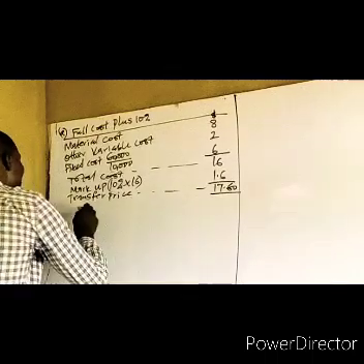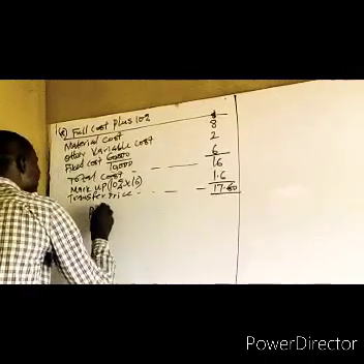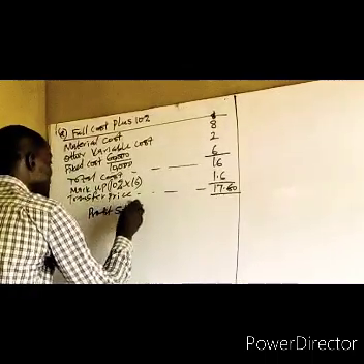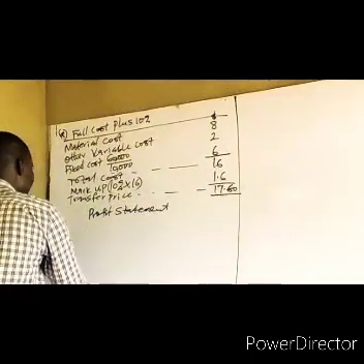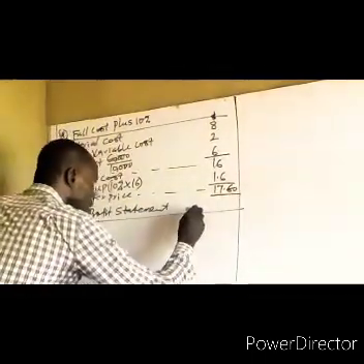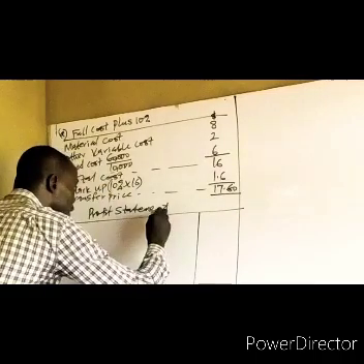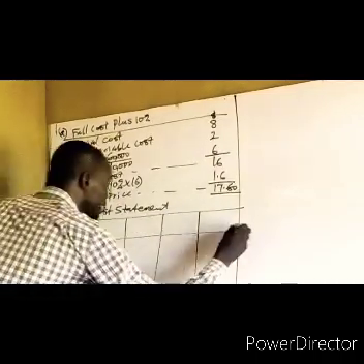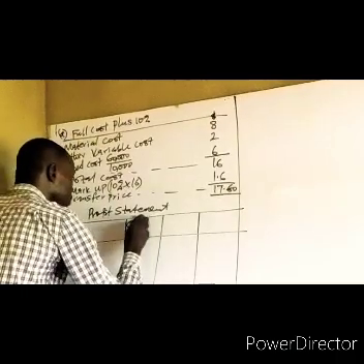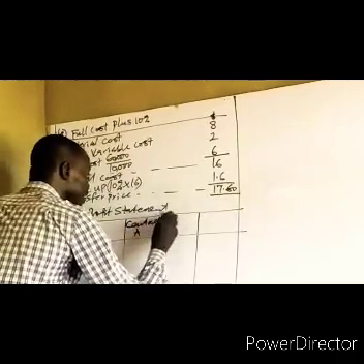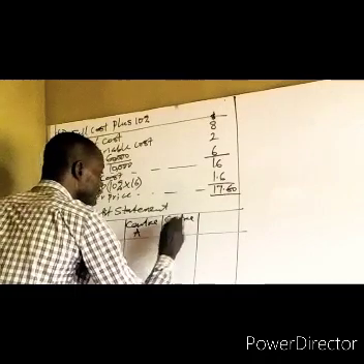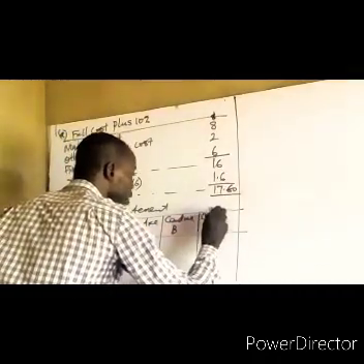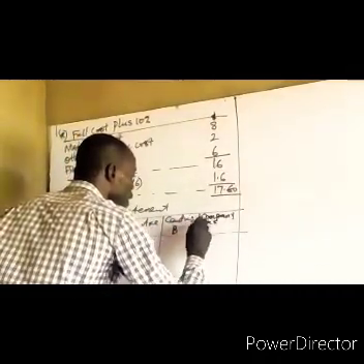Now you prepare the profit statement. You have center A, center B, and company as a whole.